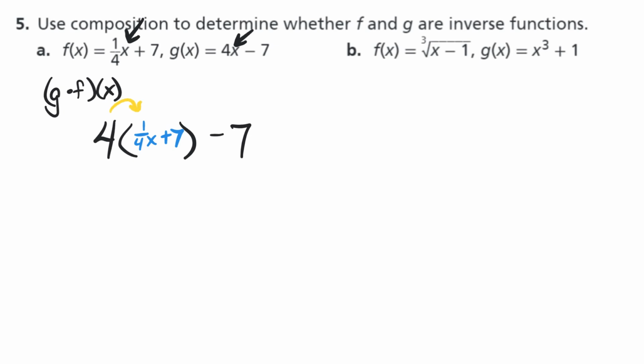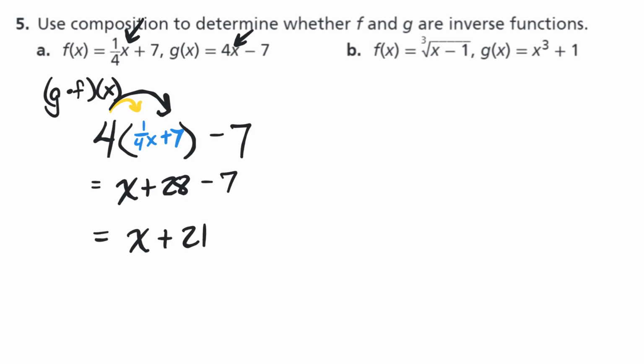So when we do this, we have a distribution. 1/4 times 4 is x, and then 4 times 7 is 28. We carry down the 7, and we can see that this did not equal x, it equaled x plus 21, which means these two functions are not inverse of one another.